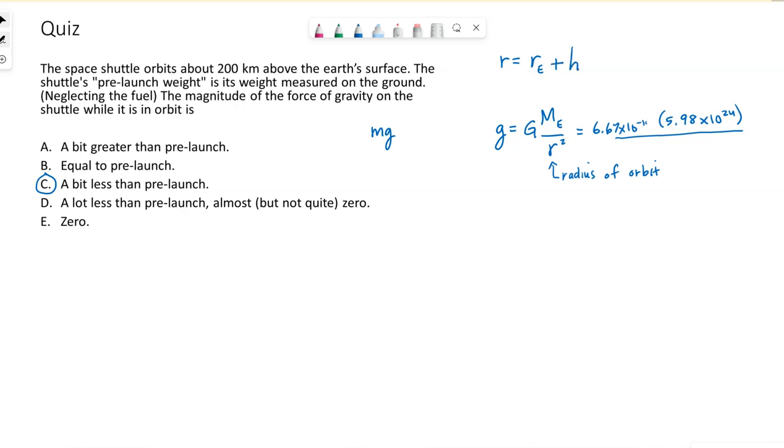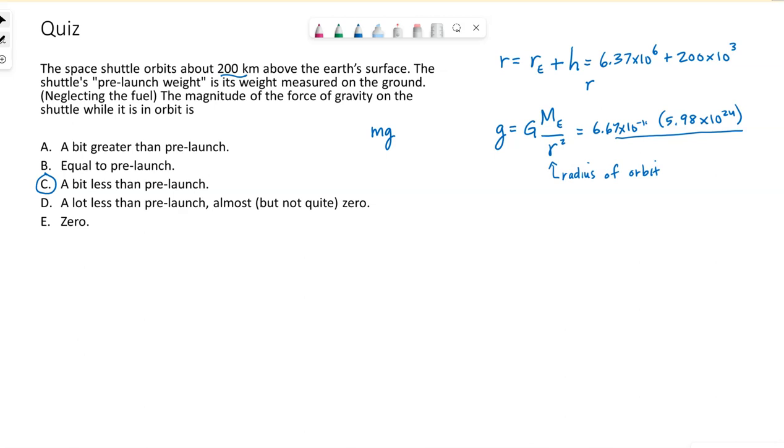And we're going to add this height, this approximate 200 kilometers above the Earth. So the radius of the Earth we have is 6.37 off the table, times 10 to the 6th. The height of the orbit, so 200 times 10 to the 3rd.